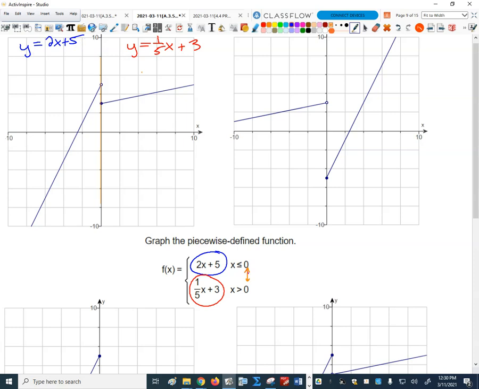For the blue line, type in chat for me, what are the values of the slope and the y-intercept, M and B, for the blue equation? Y equals 2x plus 5. What are the values of M and B? Slope and y-intercept, right? And I don't mean the graph, I just mean this equation right here.